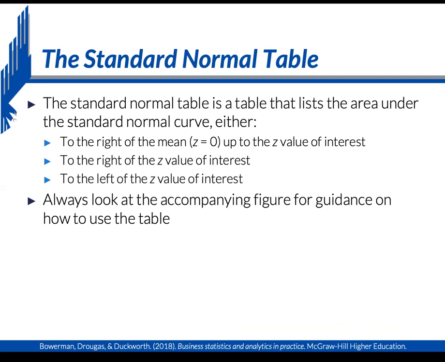Some give the area to the right of the mean up to a certain z value of interest. So the mean is at the center, that's 0. Some give the area between a z-score and the mean. Some, on the other hand, give the area to the right of a z-score, while some other standard normal tables give the area to the left of a z-score.